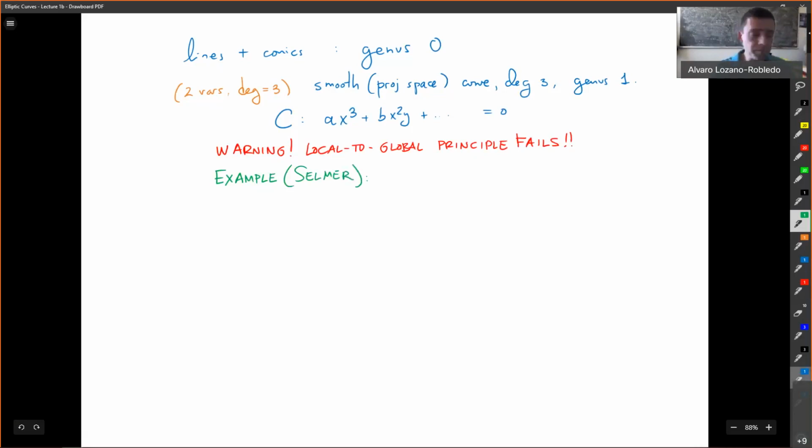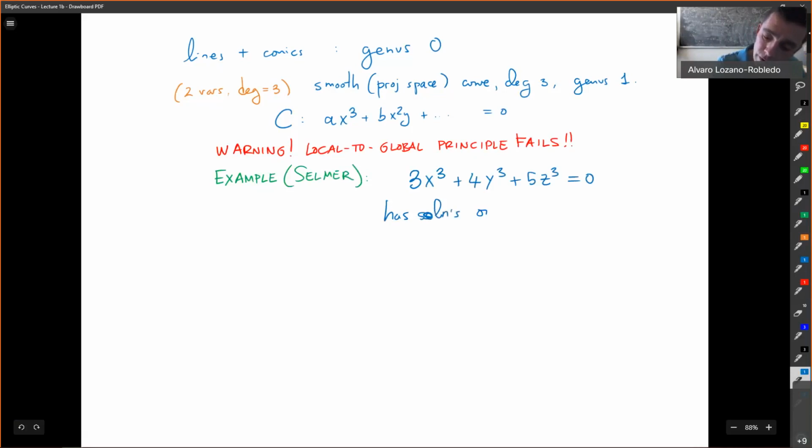where you have a curve such as 3x cubed plus 4y cubed plus 5z cubed equals 0, that has solutions over R and over Q_p for all primes p, but no rational solutions.